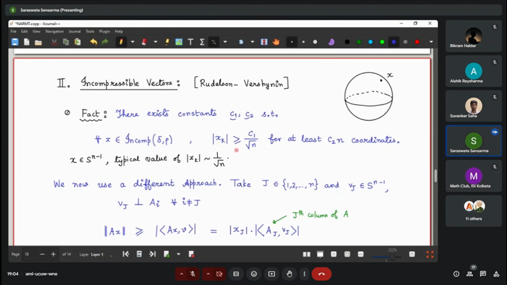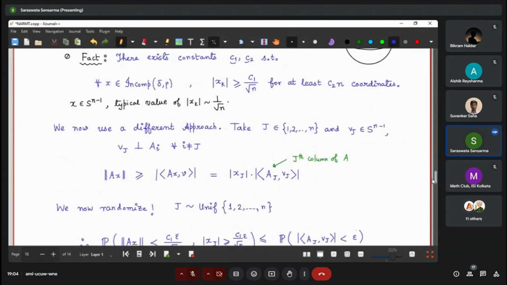Okay, so now we get to our approach. What we are actually going to do is fix a capital J, weird notation, but stick with it. Fix one J in the set from 1 to n, and look at the V_J such that V_J is perpendicular to all other A_i's except A_J itself.